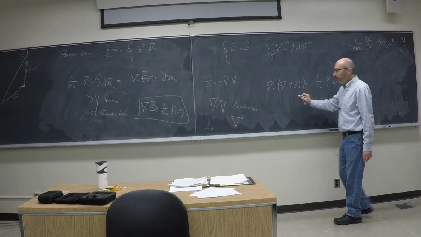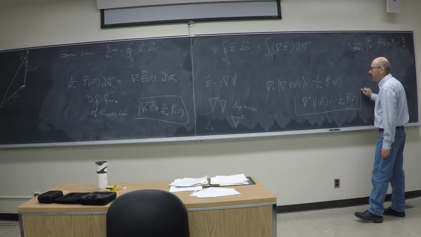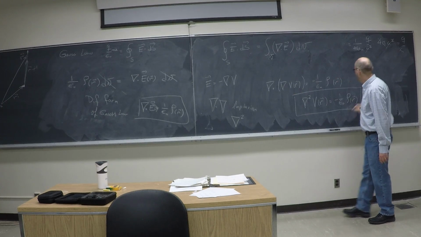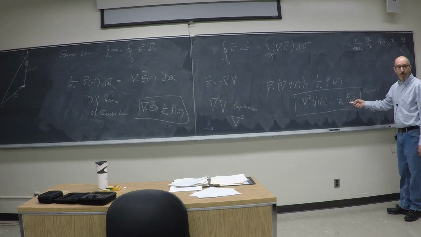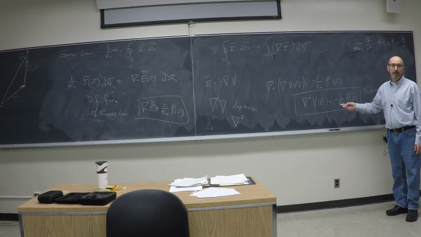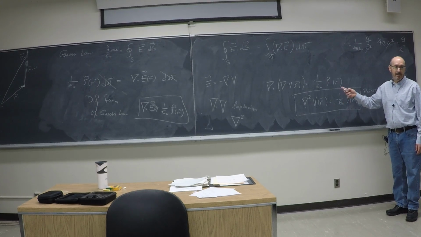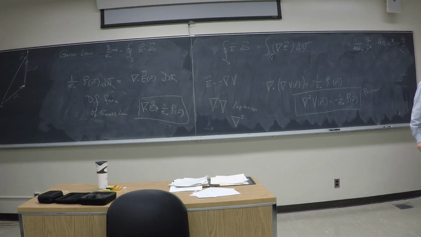And okay, I'm going to finish here, but this is called Poisson's equation. If you think about it, we haven't done much but learn Coulomb's law. There is nothing else in everything that we've said.